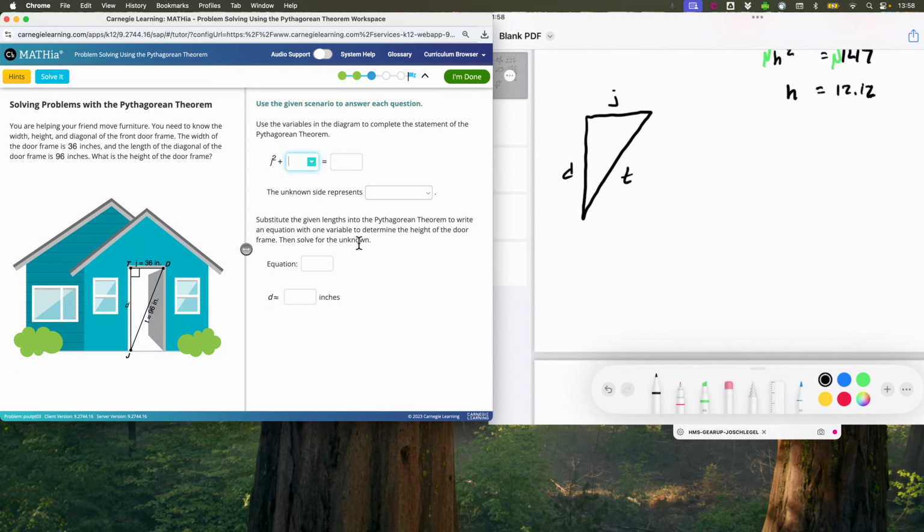It looks like they have this set up as j squared plus something is equal to something. And so my t squared has to be over here because that's the hypotenuse. And my d squared has to be right there. So we're going to call that a, we're going to call that b, we're going to call that c. So a is j, b is d, t is c.